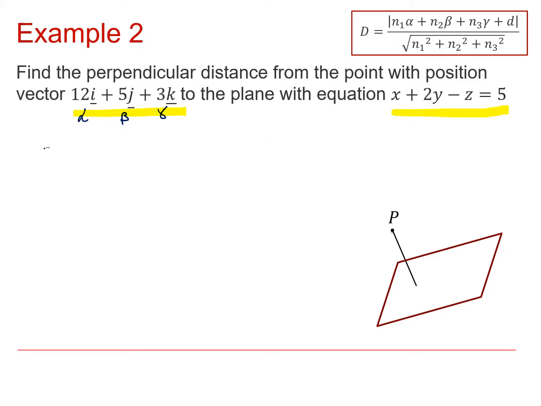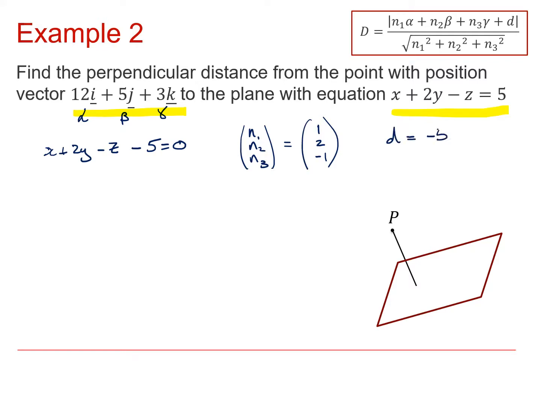So my equation would be x plus 2y minus z minus 5 equals 0. And so now from this I can write down n1, n2, n3 as being 1, 2, minus 1, and d as being minus 5. And again, it's important that we catch this minus sign here.